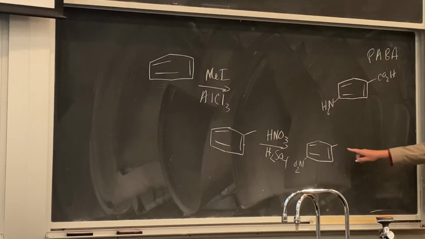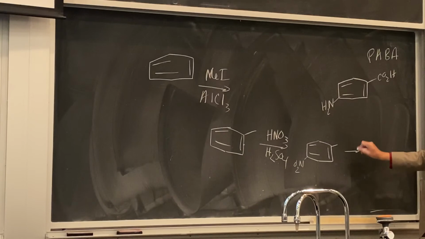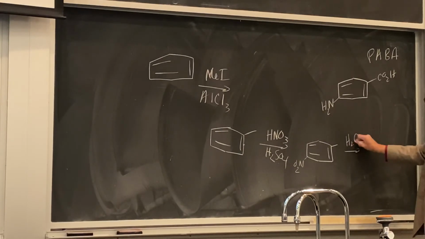Now, how do we convert an alkyl group into a carboxylic acid? If you remember that, that's with chromic acid, H2CrO4, for chromium, 04. Now, there are different ways to form chromic acid in a reaction. You can form it from the sodium or potassium dichromate salt and sulfuric acid.